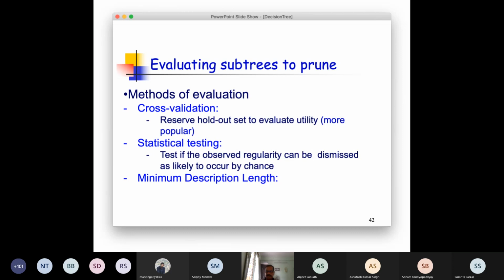So let us not go into details, but this is the kind of statistical approach. It's basically hypothesis testing.